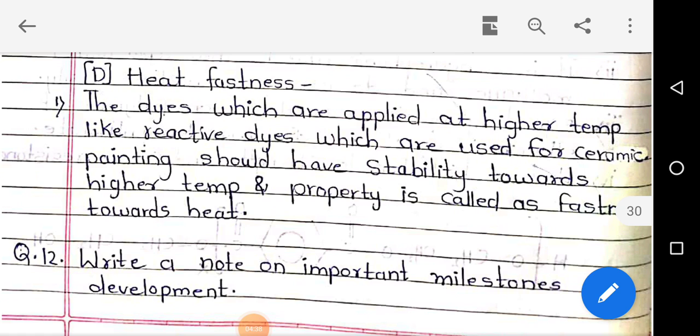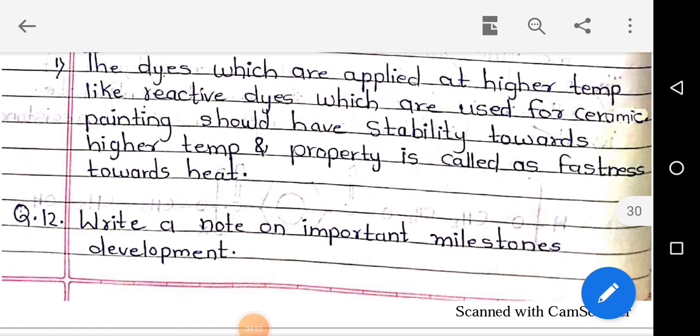Heat fastness of dyes. The dyes which are applied at higher temperatures, like reactive dyes used for ceramic painting, should have stability towards higher temperatures, and this property is called fastness toward heat.